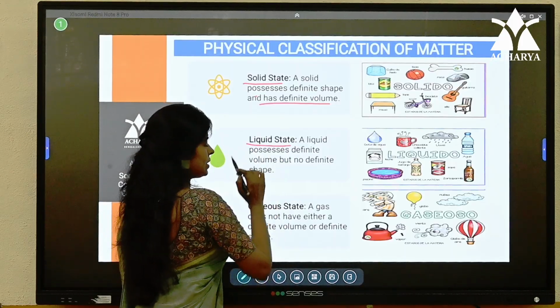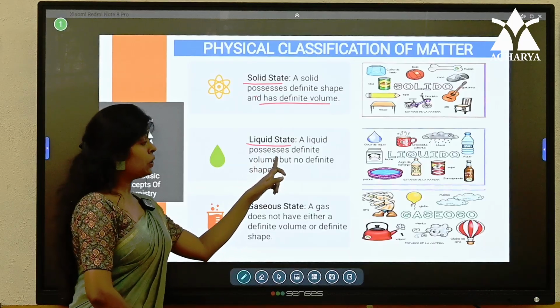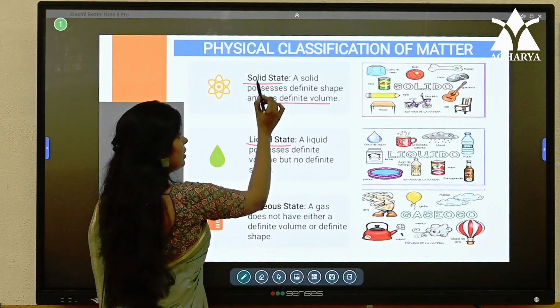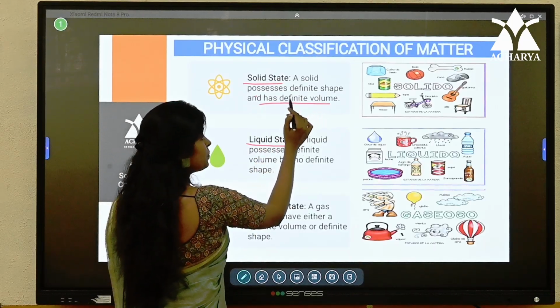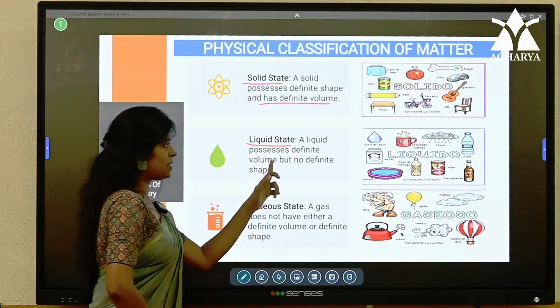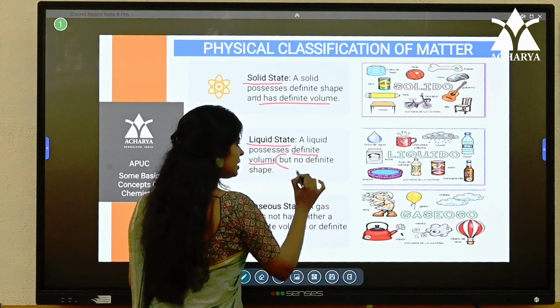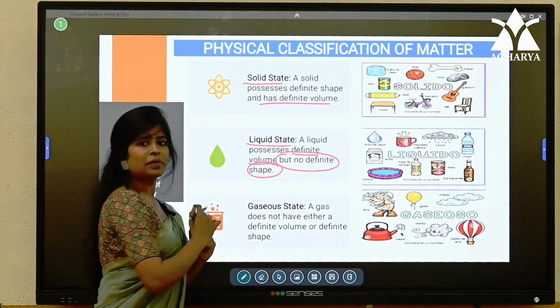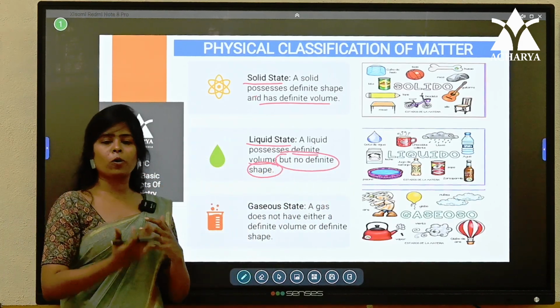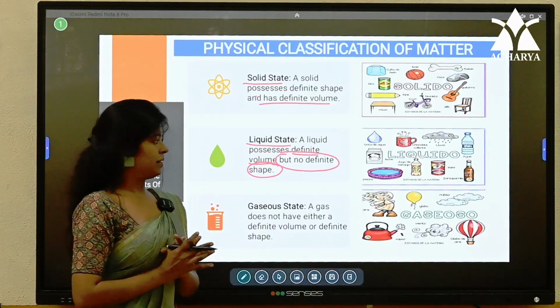Next, in the liquid state, liquid possesses definite volume but no definite shape. When I say solid state, it has both definite volume and definite shape. Whereas the liquid state has definite volume but does not have any definite shape, because it will occupy the shape of the container when you transfer it into that particular container.